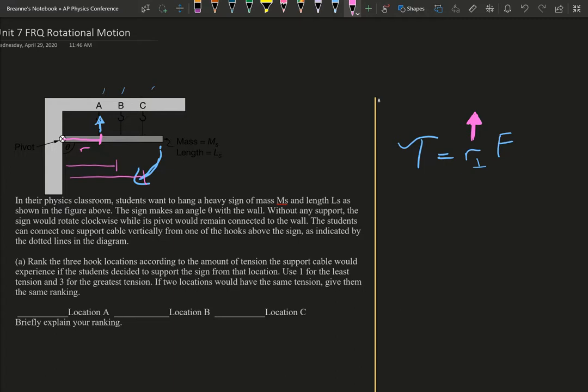What type of relationship is happening? Hopefully you're thinking that your force would decrease, which is right. So that is an inverse relationship. So your least amount of tension would be C, and then B, and then A. Because the closer you are to the pivot point, the more force it takes to hold it up.